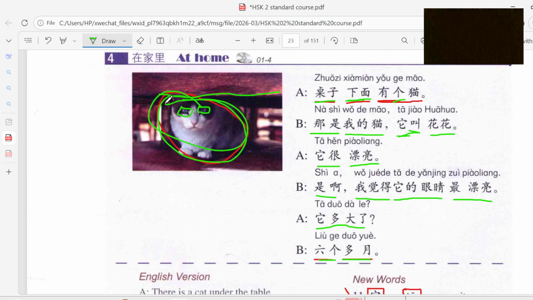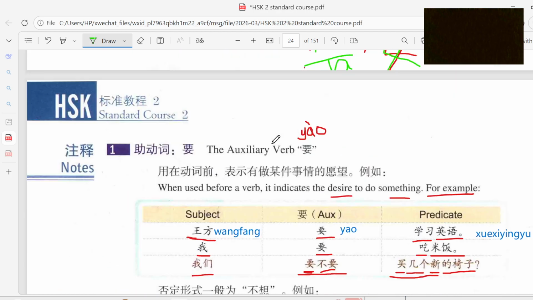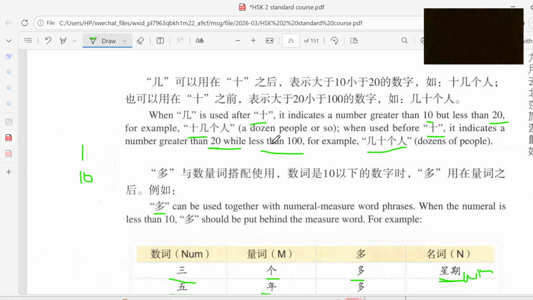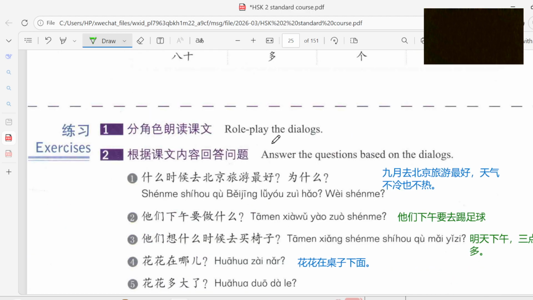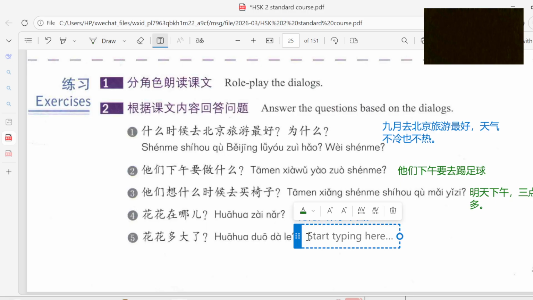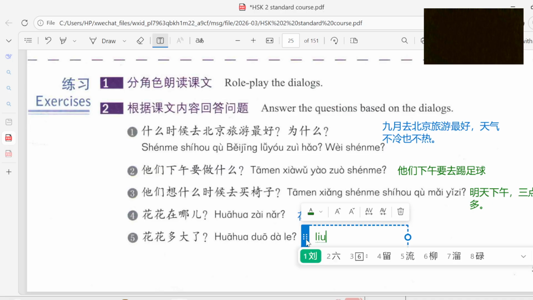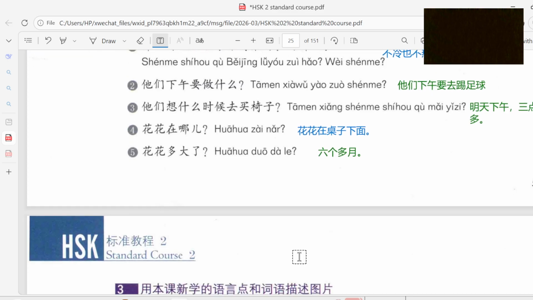This is Hua Hua with his 漂亮 eyes, beautiful. So it says 花花在桌子下面。Number 5 says 花花多大了？How old is 花花? 6 months, right? 六个多月. 6 months and so.